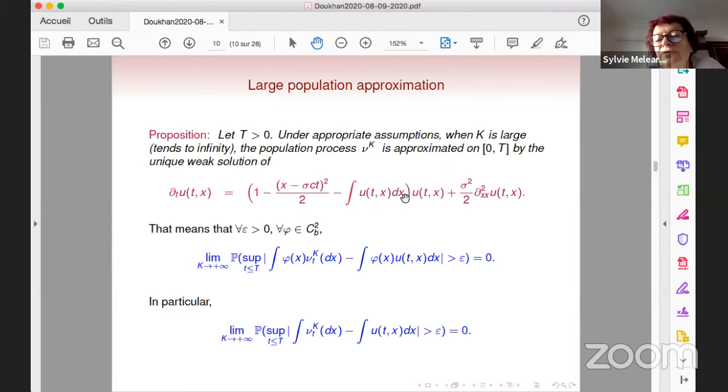And here you have the interaction between the individuals, which is a non-linearity in this equation. And here you have the diffusion term due to the mutation events.